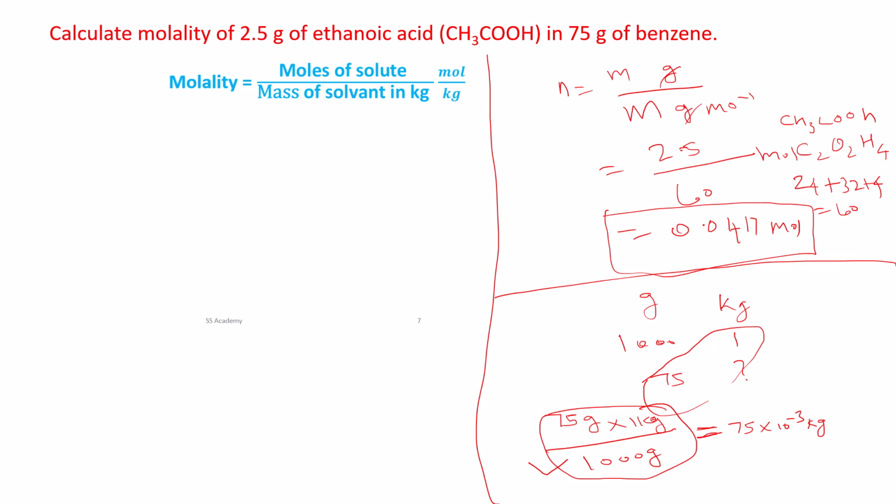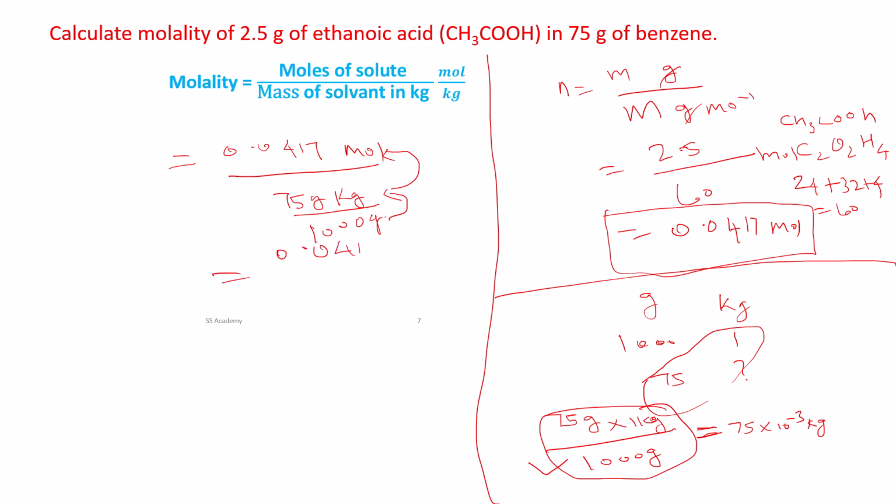So we use these two data, mole and kilogram data, and substitute here. So mole is 0.0417 mole divided by 75 gram and 1 kg divided by 1000 gram. So bring 1000 gram here. If it comes here, it is gram inverse. If it comes here, then it again becomes gram.